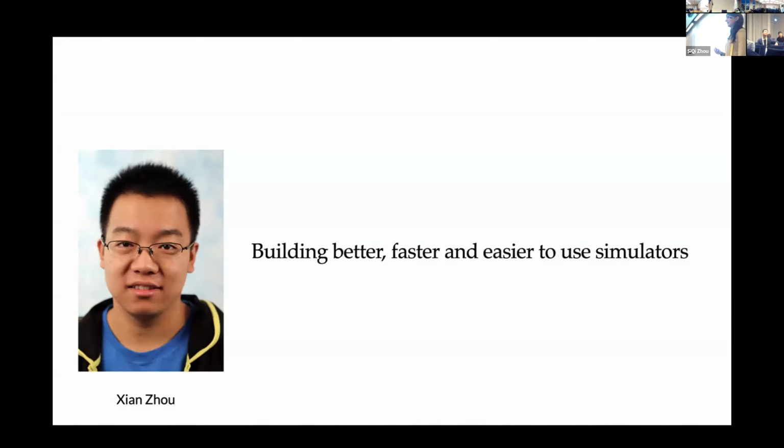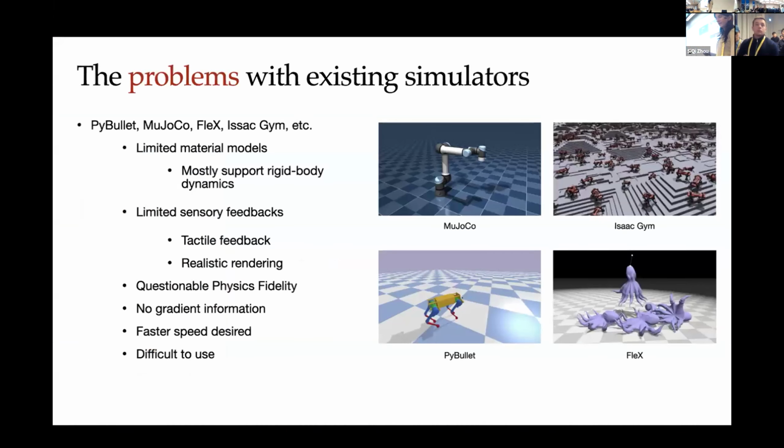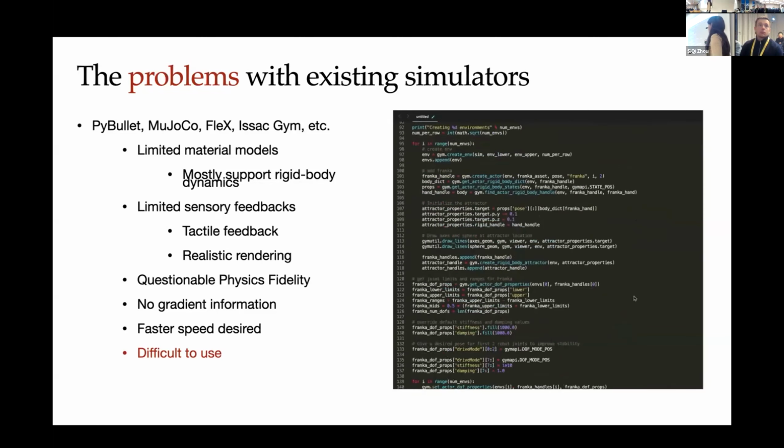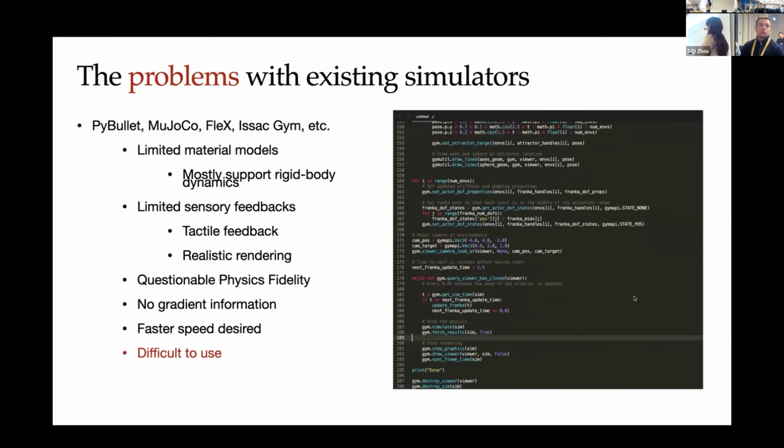Now, one bottleneck of using simulation is simulators. There are fantastic simulators, and they're actually getting better by the day. But one, let's say, downside is the interface. This is how much you need to code to add one Franka model in Isaac Gym. And Isaac Sim is also worse.